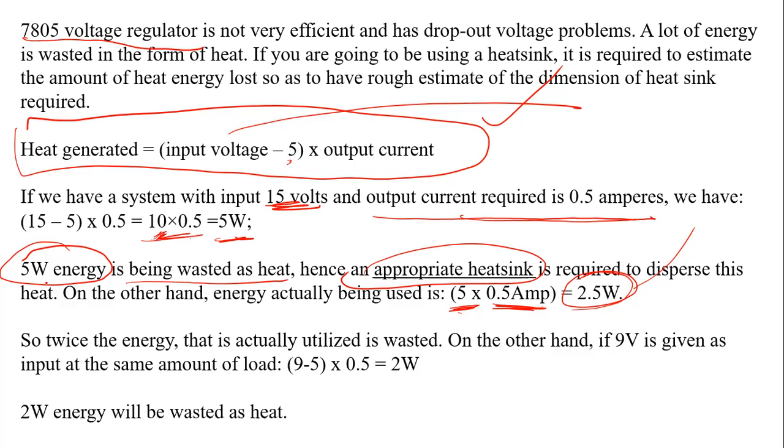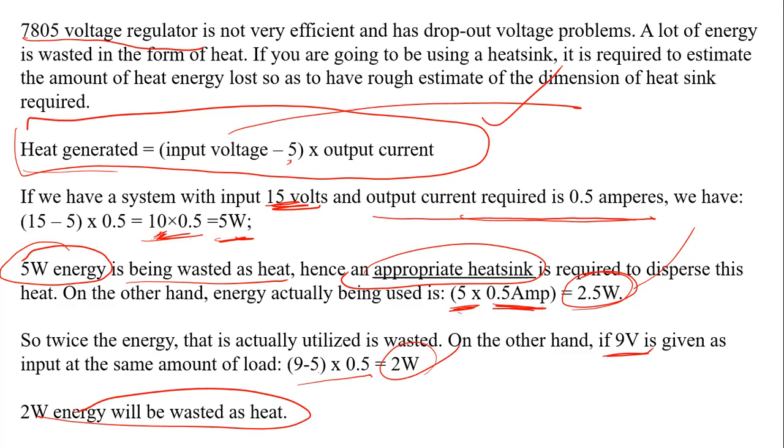Okay, so now if you supply 9 volt here to the input section of this IC7805, then the amount of heat generated as a waste will be 9 minus 5 into 0.5, which will be 2 watt only. So 2 watt energy will be wasted again.